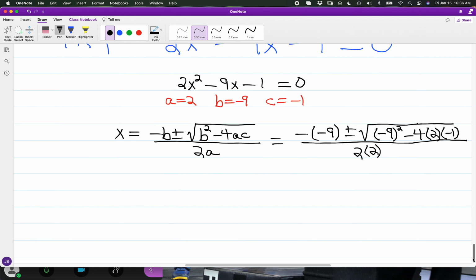And after substituting, we have the opposite sign of negative 9, so this will be a positive 9. And we have plus or minus the square root. Now negative 9 squared is going to be 81. Now for the minus 4ac part, looking at what we have for a and c, this portion translates out to negative 4 times 2 is negative 8.